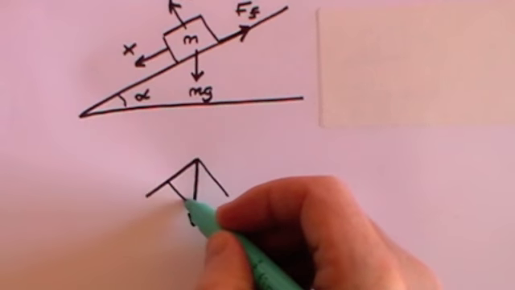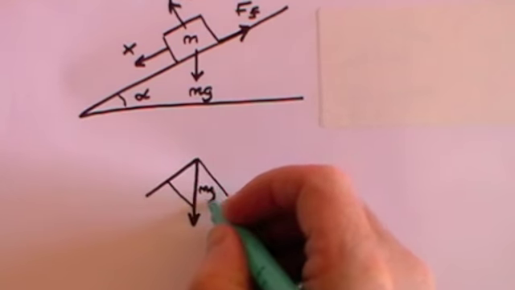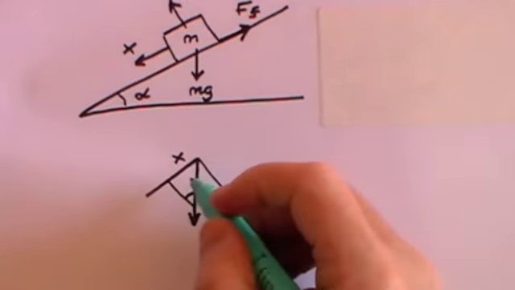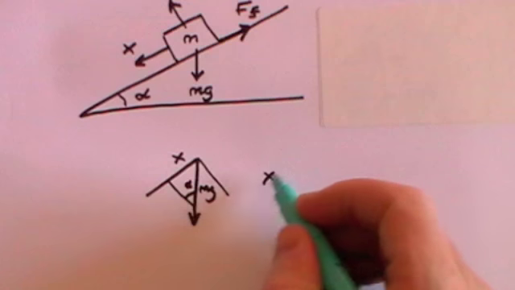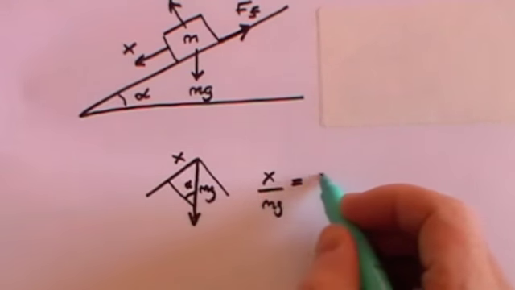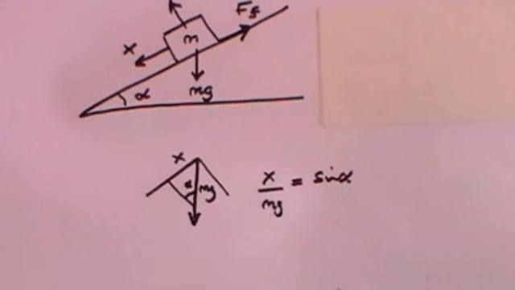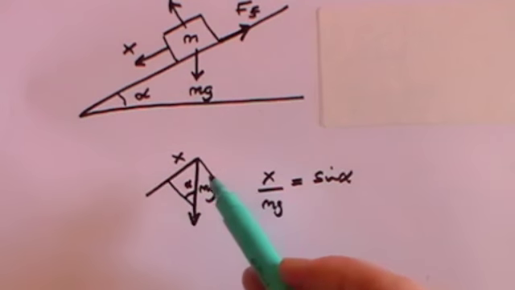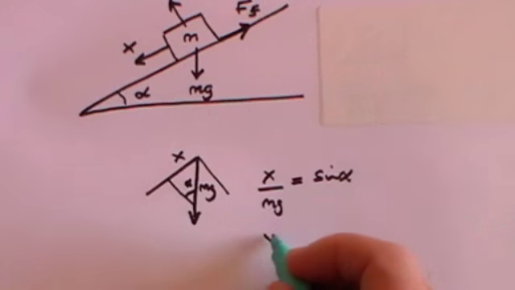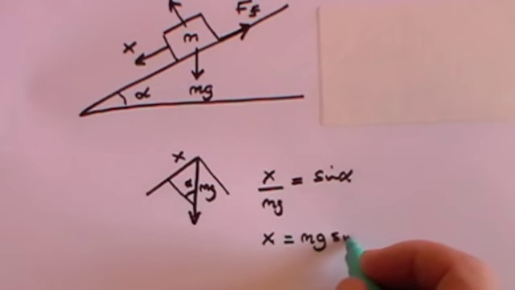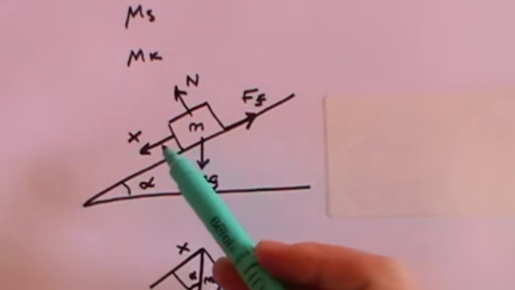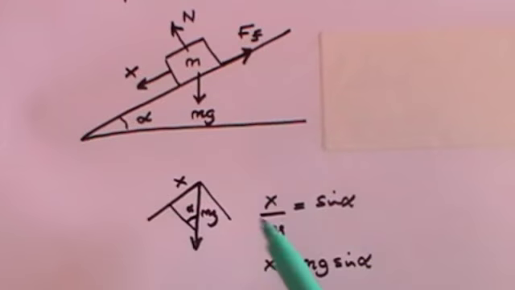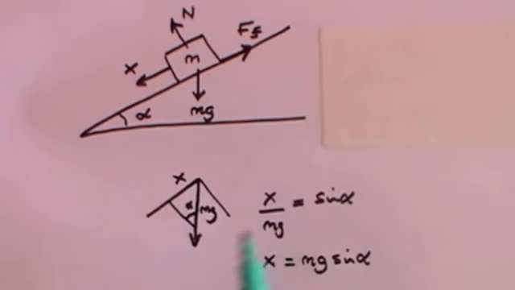Well, we drop a perpendicular, we say that this is mg, this is x, and this angle here you can show is alpha, and so you get that x over mg equals sine alpha. So x is the component of mg in this direction, which means that x is simply mg times sine alpha. So the component of the gravitational force acting down the plane is mg sine alpha.